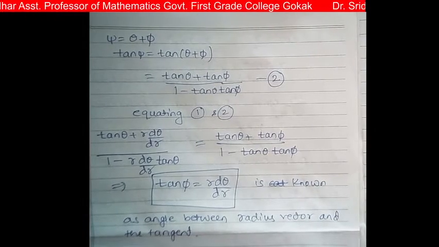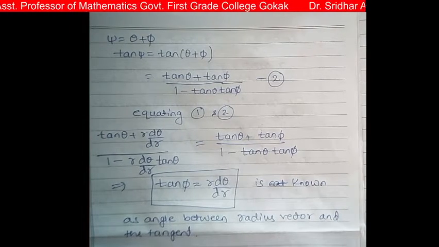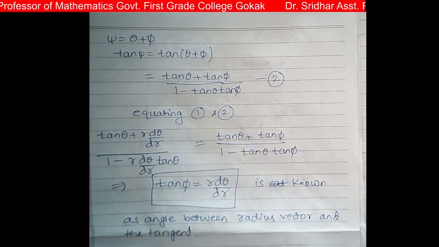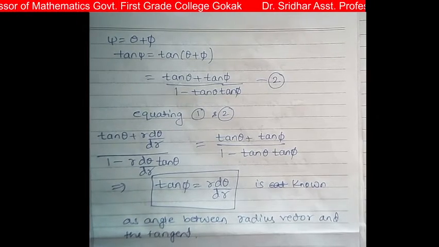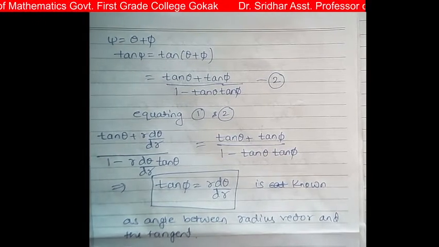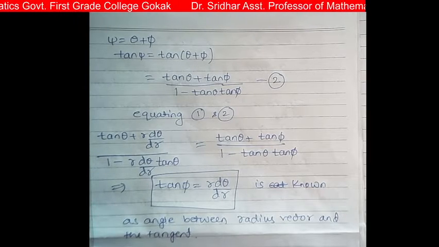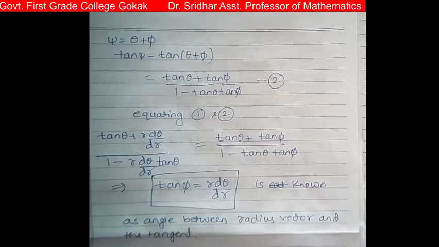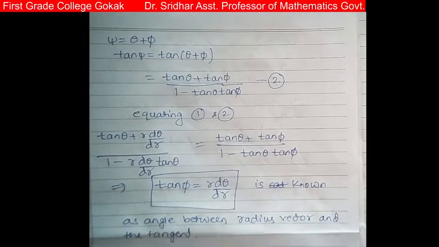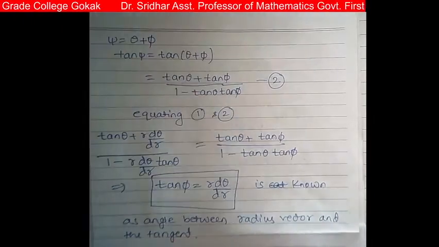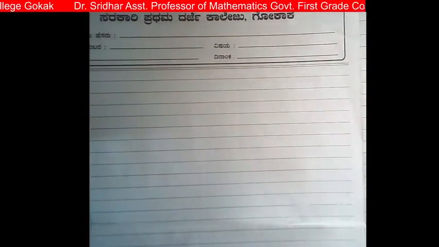So this is all about the derivation of the angle between the radius vector and the tangent. Now we can solve one example on this, a very simple example.